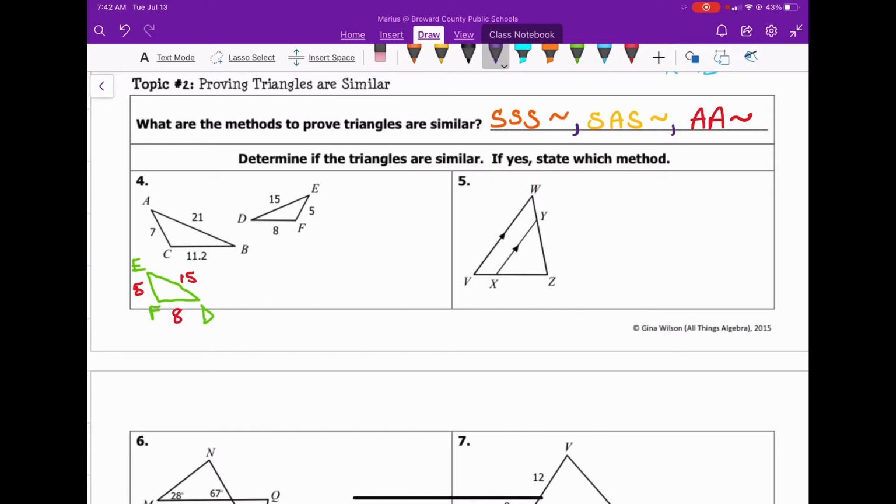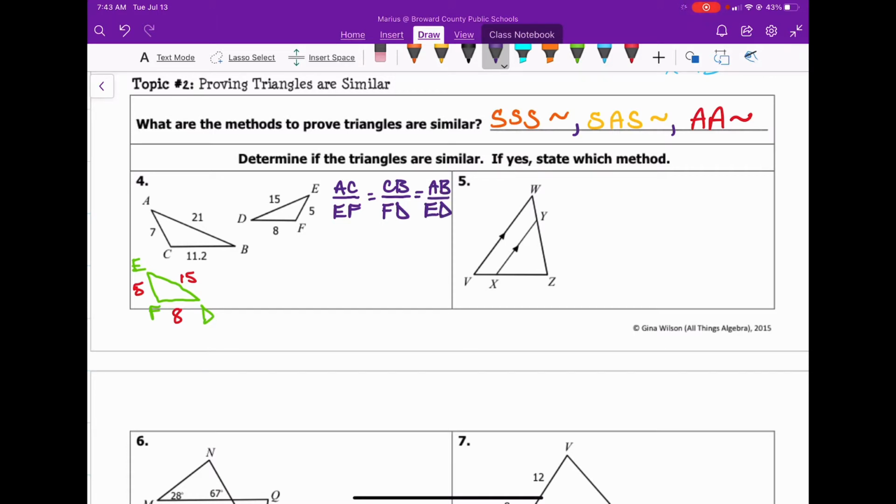I want to have AC over EF. I want to see if that's equal to the proportion CB over FD. And the last one is AB over ED.